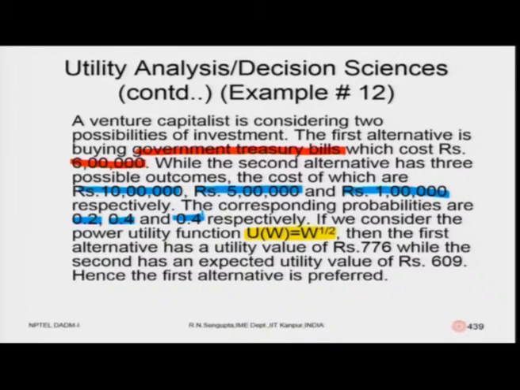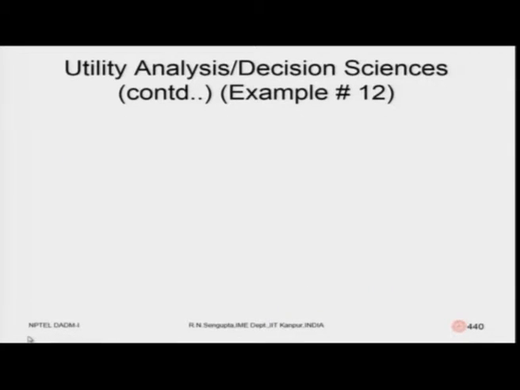So, these are the 2 alternatives. Remember, the government one is red in color and the uncertain event with 3 outcomes and probabilities 0.2, 0.4, 0.4 is blue in color. So, it will be easy for me to draw, one is red and one is blue.